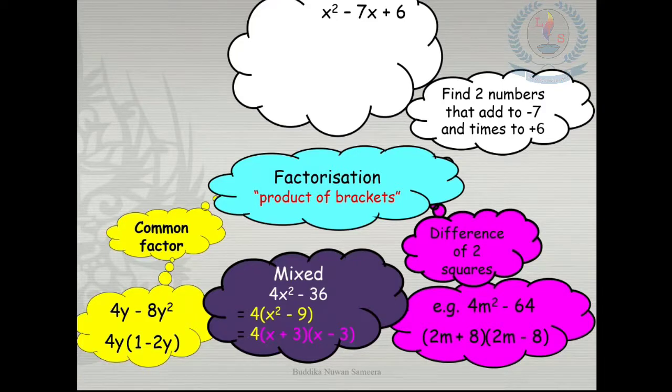When you add, that should be minus 7. So the two numbers are minus 6 and minus 1: minus 6 times minus 1 is plus 6, and minus 6 minus 1 is minus 7. So the two factors are x minus 6 and x minus 1.